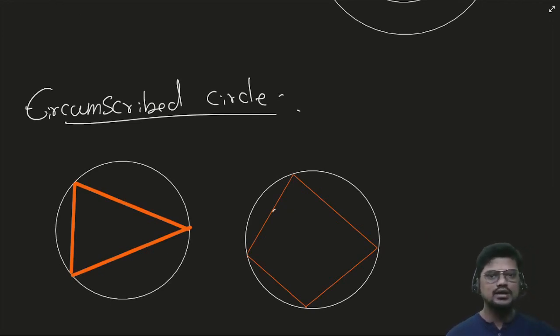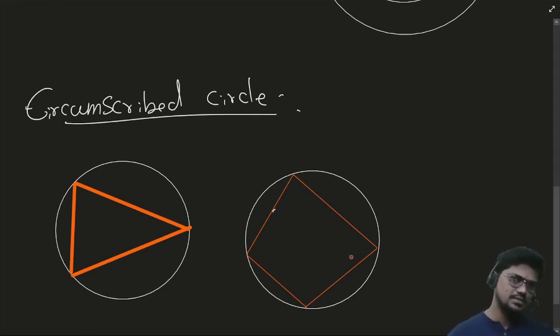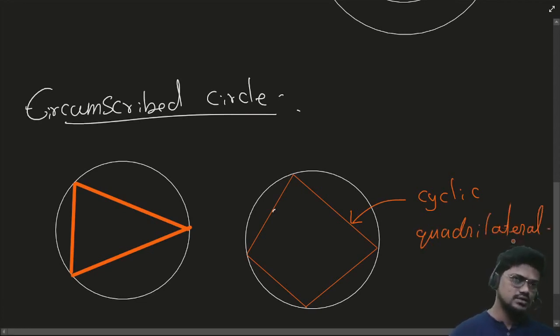Any quadrilateral inside a circle which is circumscribed is said to be a cyclic quadrilateral. You will be learning about cyclic quadrilaterals in detail in your class 10.